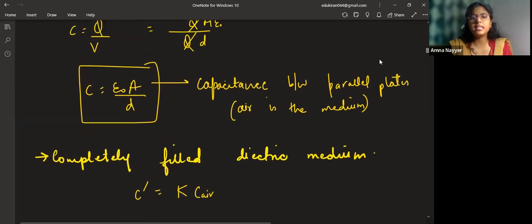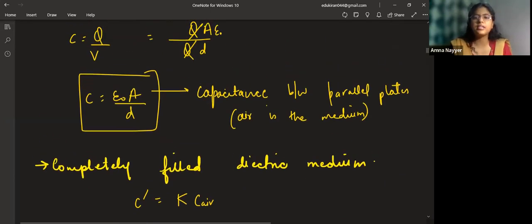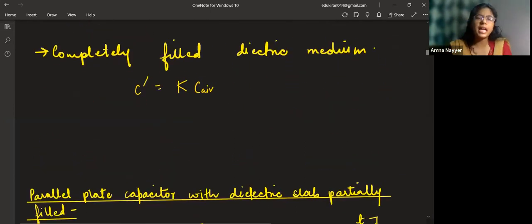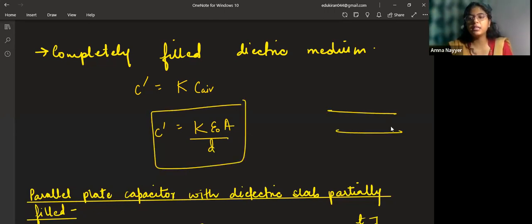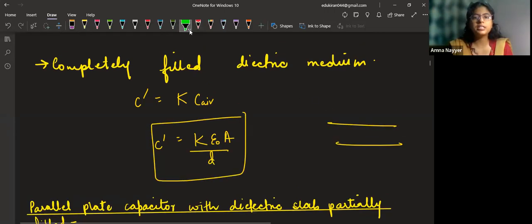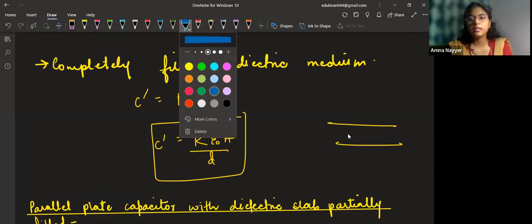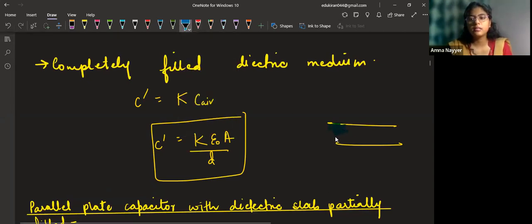If the medium between the plates is a dielectric with constant K, then we write it as K epsilon naught A by D. This medium between the plates is your dielectric constant K.